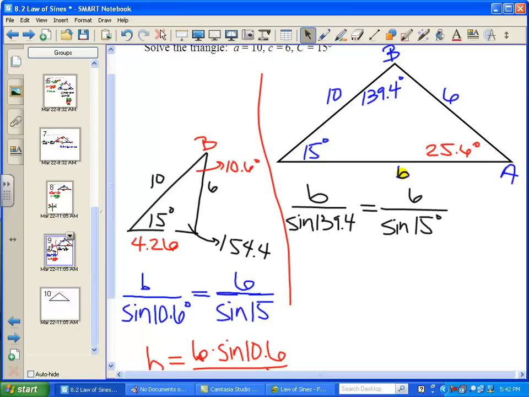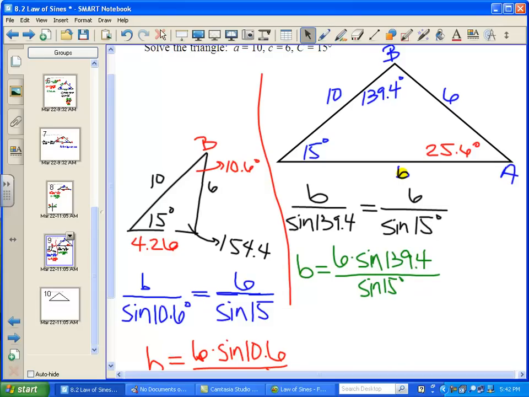And if I solve this, just like I did previously, B is equal to 6 times sine 139.4 over sine 15.